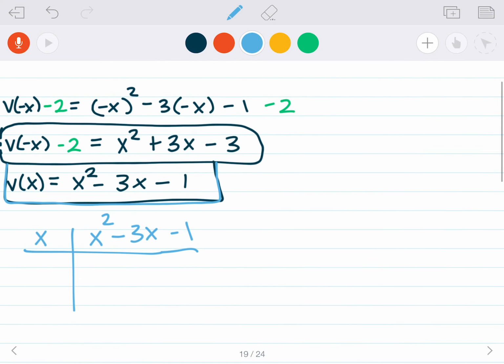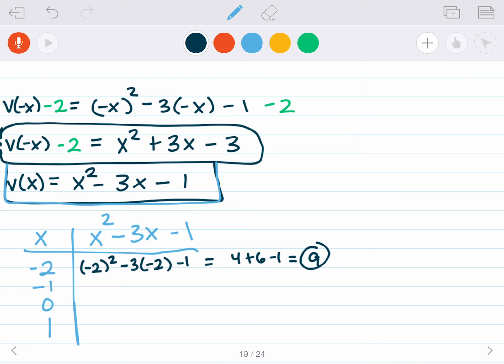Let's pick some values of x, plug them in, and then see what happens. How about -2, -1, 0, 1. When x equals -2, I'm plugging it into the function: (-2) squared minus 3 times -2 minus 1. It's going to be 4 plus 6 minus 1 equals 9.